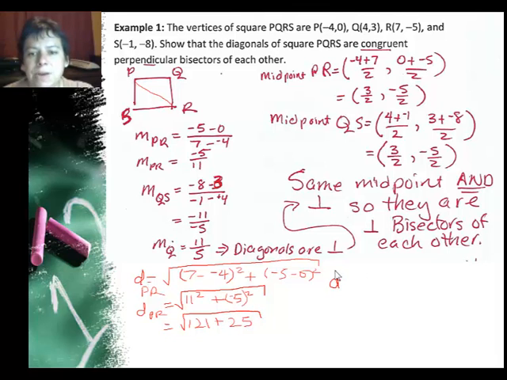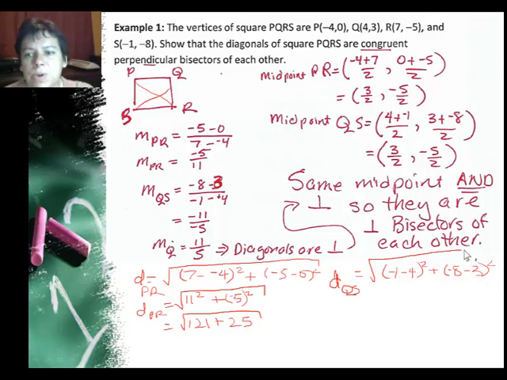Let me find the diagonal of QS. So that's the other diagonal here. And so I'm going to use the same formula: x2 minus x1, -1 minus 4, squared, plus y2 minus y1, -8 minus 3, squared.